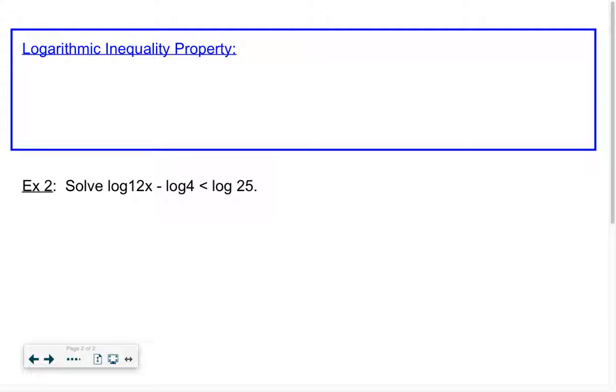Last one. We talked about this, the log of a equaling log of b. If that's the case, then this. I should use my if-then statements. If this, comma, then we can say this. Do you suppose that would work for inequality symbols? You bet.